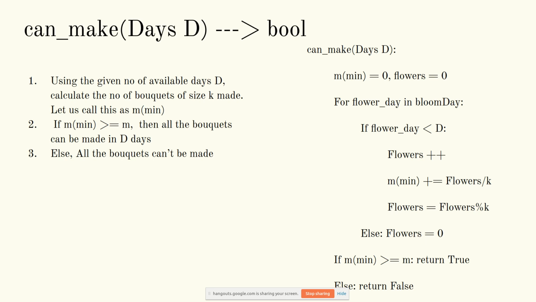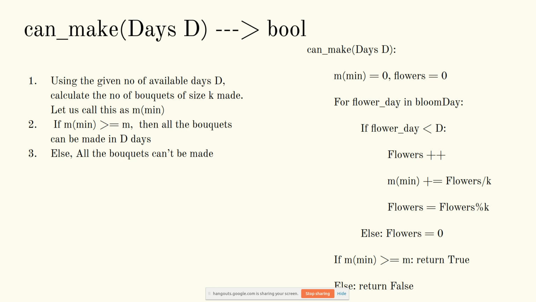Our variables for the function, mMin and flowers, are updated. mMin is updated by adding flowers divided by k, where k is the bouquet size, which gives the number of bouquets that can be made with the existing continuous number of flowers.